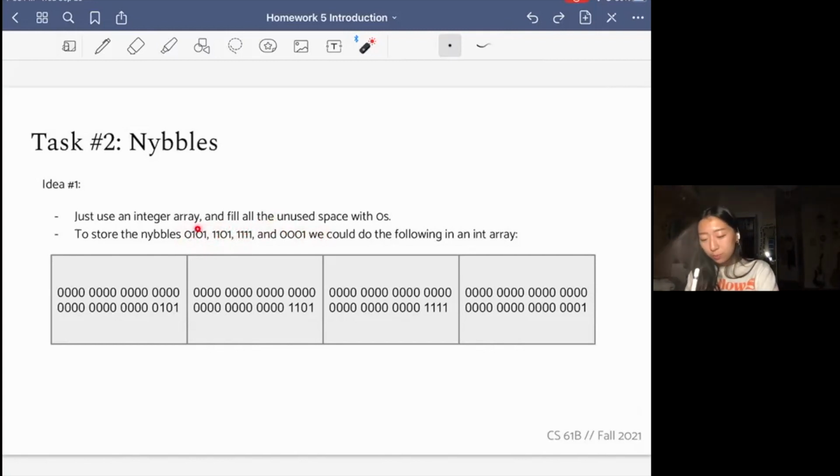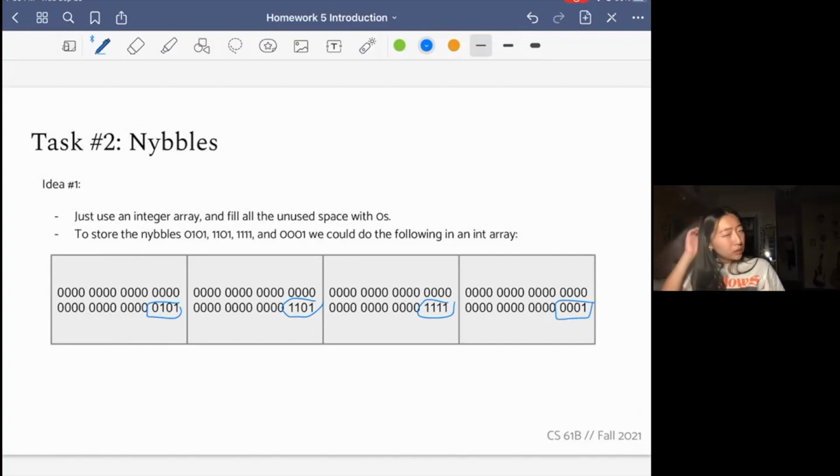We would put the nibble as the least significant bits of the int, fill the rest with zeros, and then put this in an int array. Notice this is one 32-bit int here, another 32-bit here, and we have basically 4 ints in this int array, right? And the nibble that we want is just going to be the 4 least significant bits. Sorry, I keep saying bytes, I mean bits.